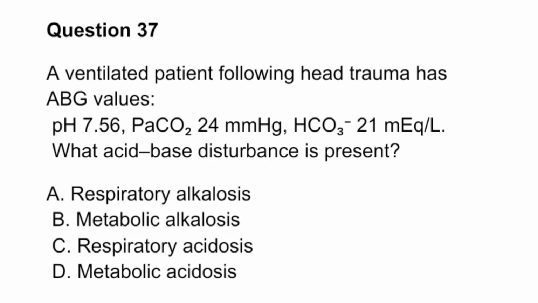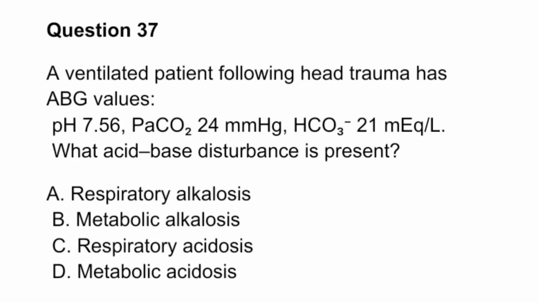Question 37. A ventilated patient following head trauma has ABG values pH 7.56, PaCO2 24 mmHg, HCO3- 21 mEq per liter. What acid-base disturbance is present? A. Respiratory alkalosis. B. Metabolic alkalosis.